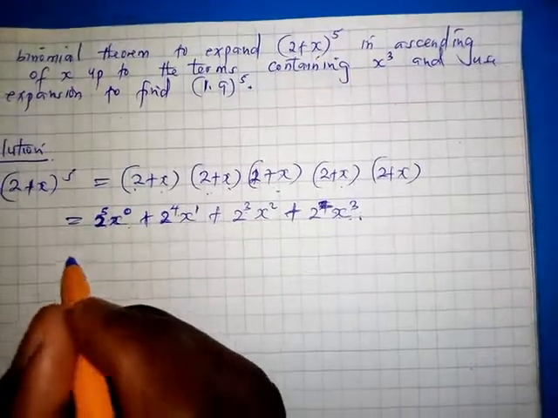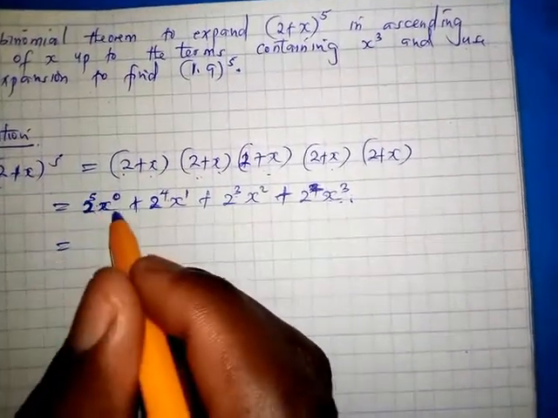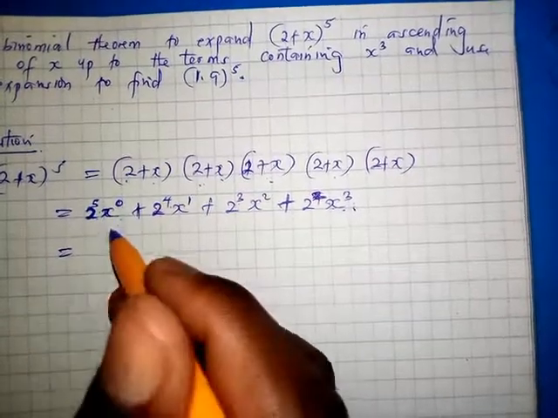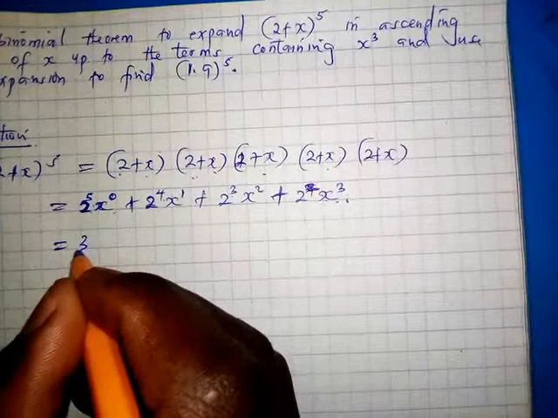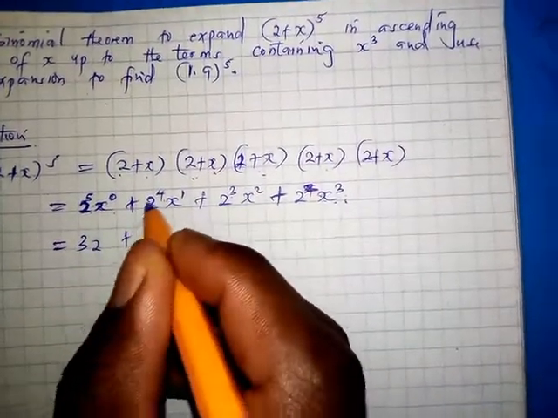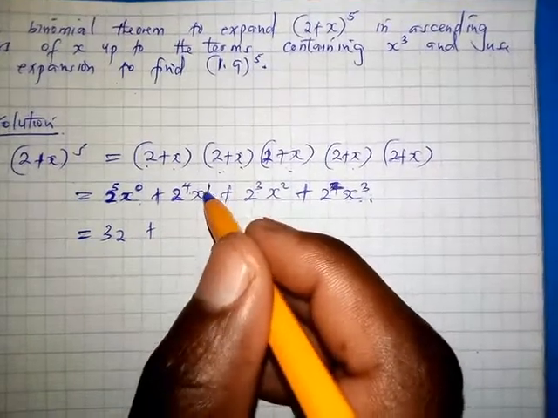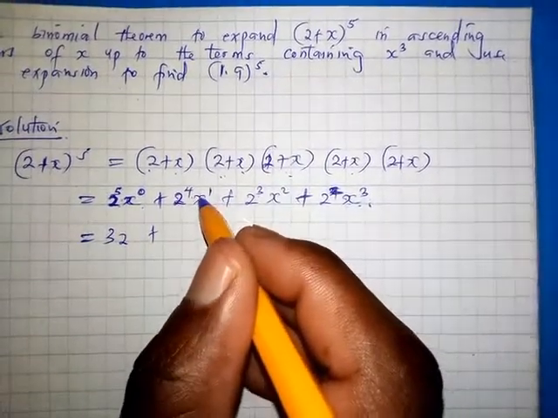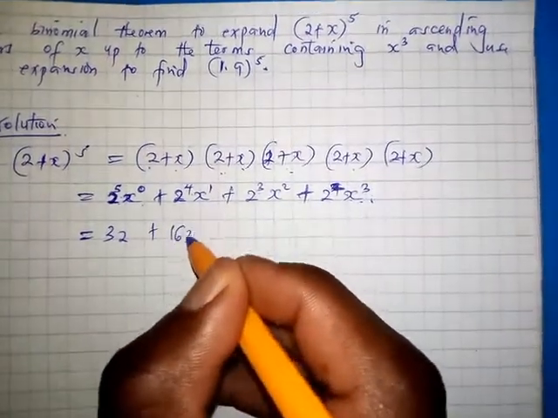So 2 raised to power 5 is 32, and x raised to power 0 is 1, so 32 times 1 is 32. Plus 2 raised to power 4 is 16, times x to power 1 is x, so 16x.